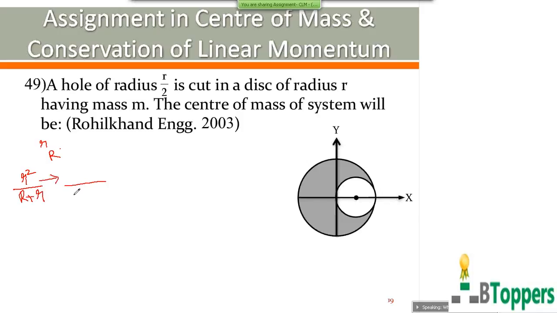Here, instead of capital R, you are given small r for the radius of the original disk. In the special case discussed in the past, small r denoted the radius of the circular piece which is removed. That is given as r by 2 here. So in place of small r, you can write r by 2.